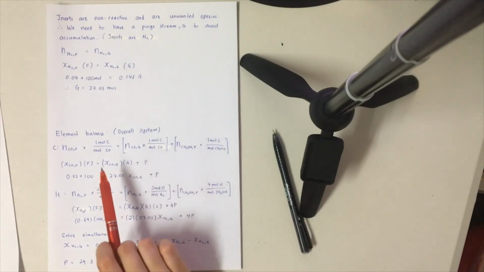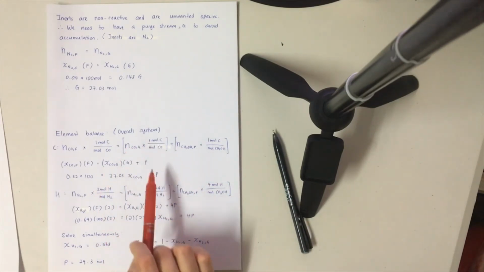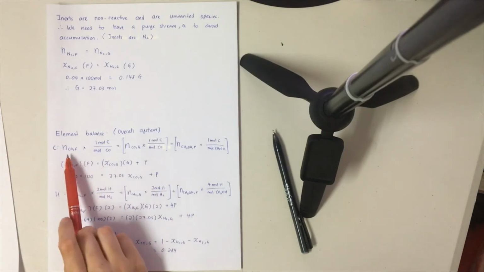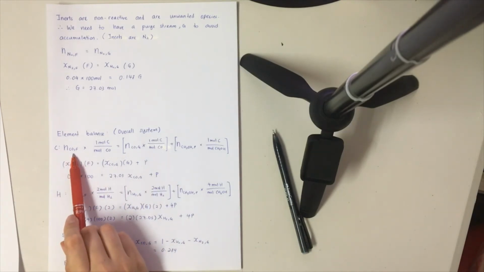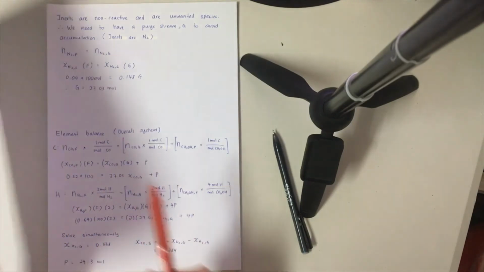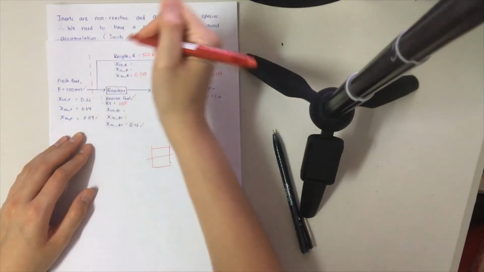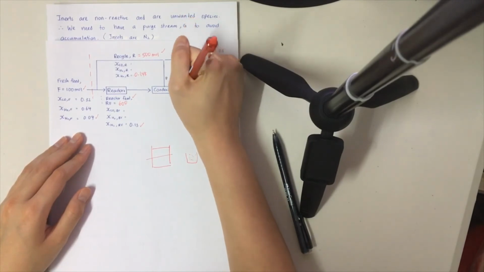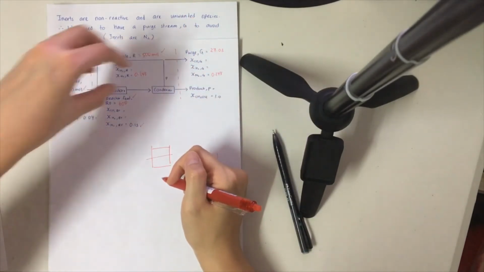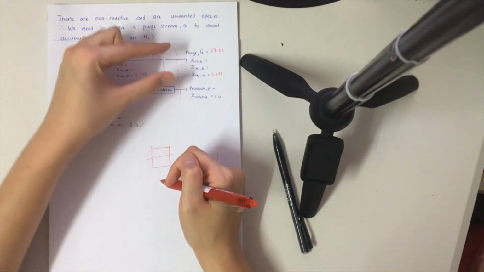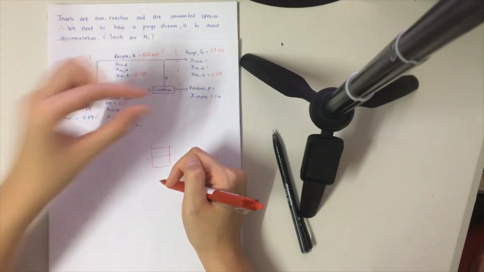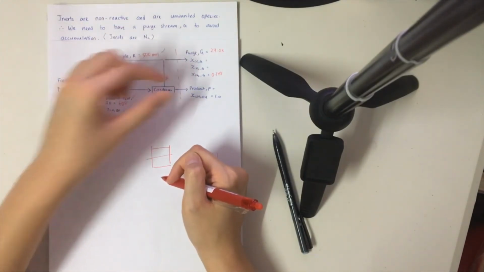We can now do an element balance based on the overall system. The overall system is here. We will look at this one and this one: 1, 2, 3, in, out, out.